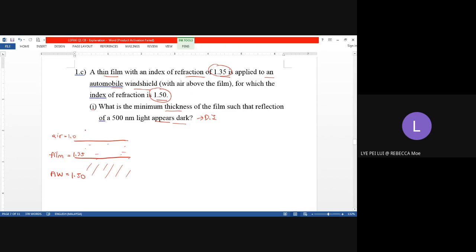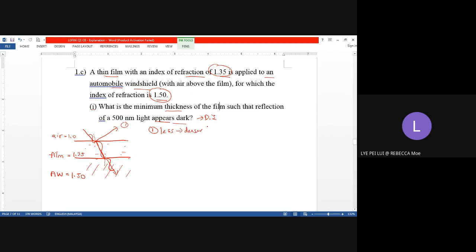Okay, so I explain a bit about this. When an incident ray comes in, going from less dense to denser, we have the first reflected ray. For the first one, going from less to denser, there will be a pi change.